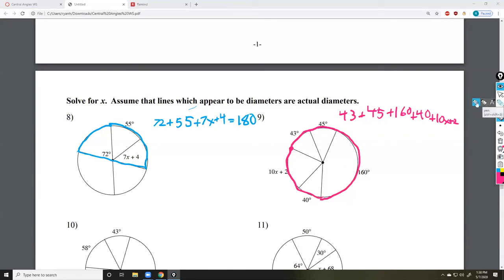And if I add all those together, I should get 360 degrees. So it's just tracing our way all the way around the circle, and it adds up to 360 degrees.